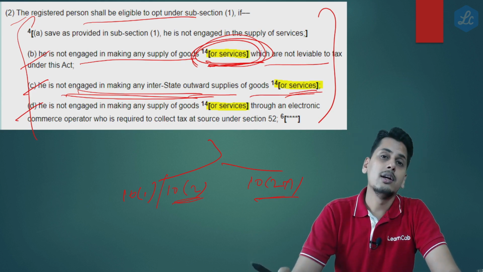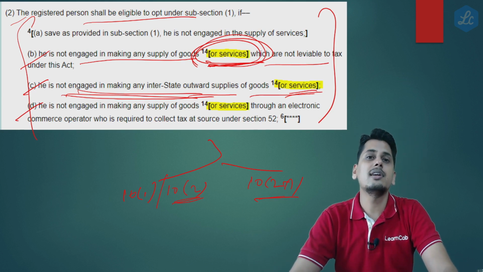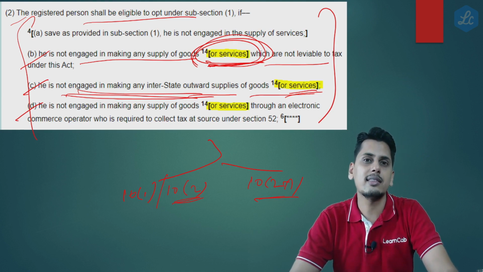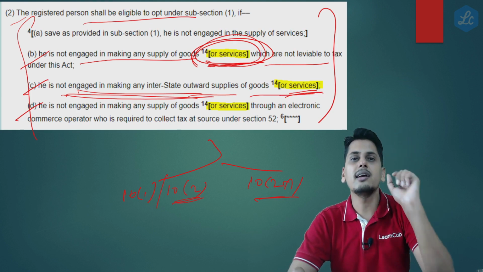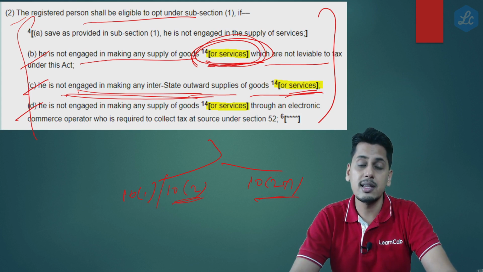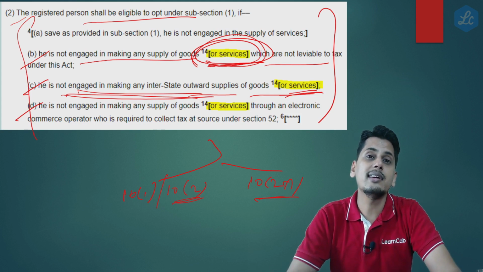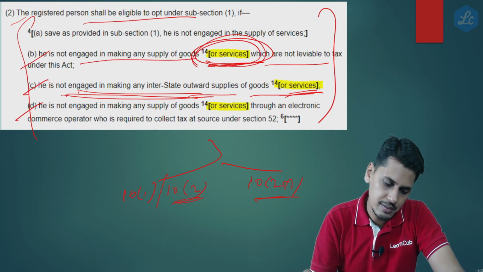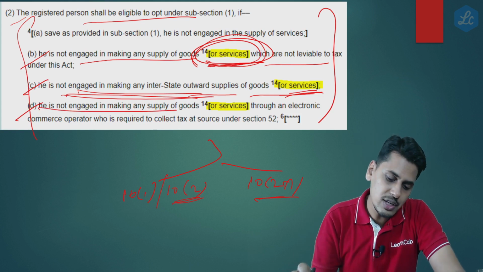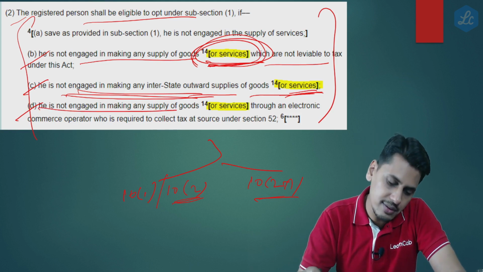So now friends, to that extent, either restaurant services without any inner threshold, or other services within the inner threshold, he can supply services, but those supplies of services should not be an interstate supply of services.